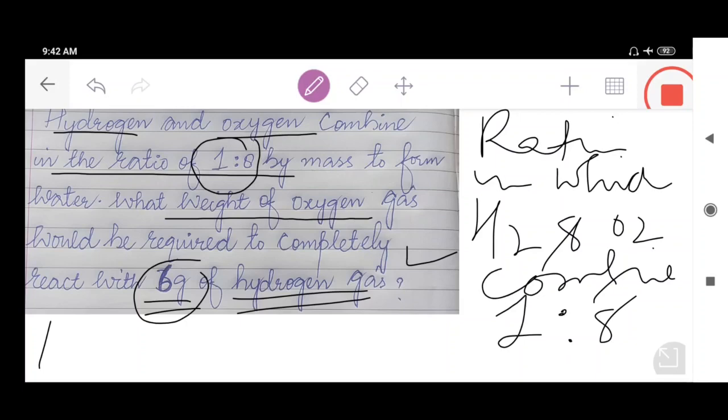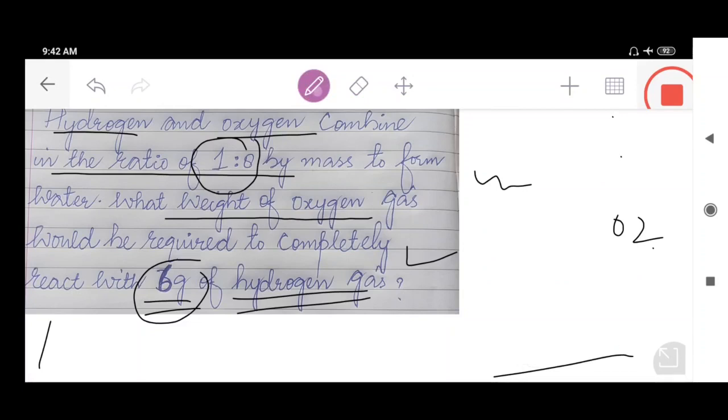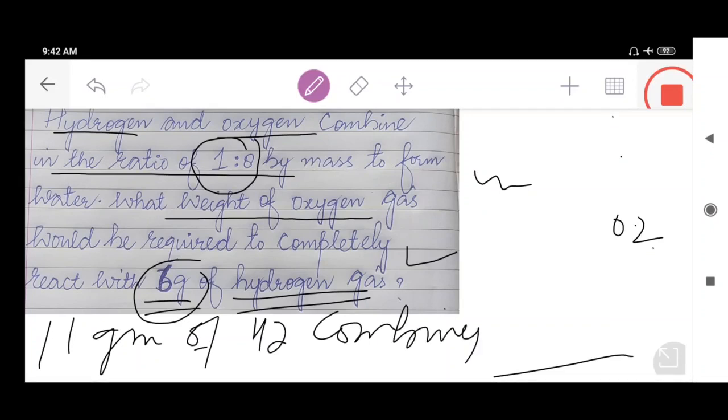The ratio in which hydrogen and oxygen combine is 1:8. This is a definite ratio. So that means 1 gram of hydrogen combines with 8 grams. The question demands here 1 gram of hydrogen.